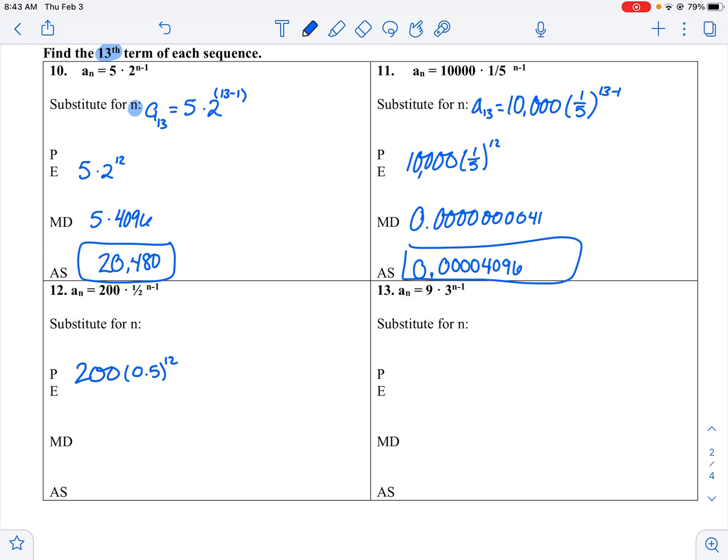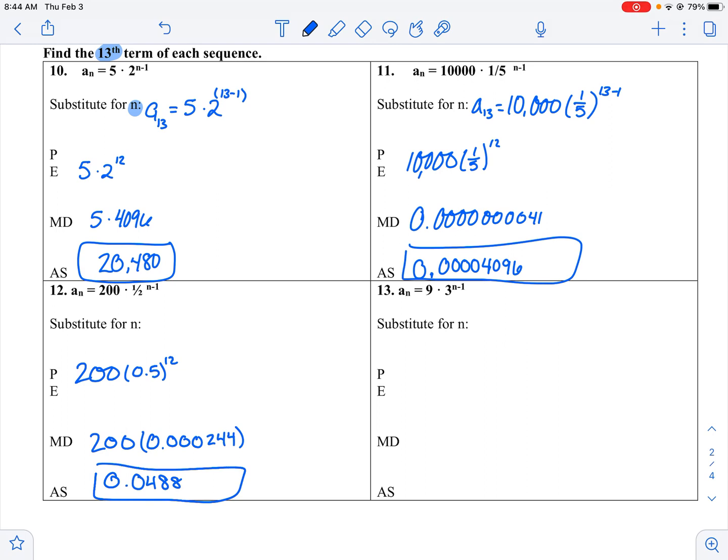Which would be 200 times 0.000244. We'll call that good enough. So my final answer would be 0.0488, and we'll stop there.